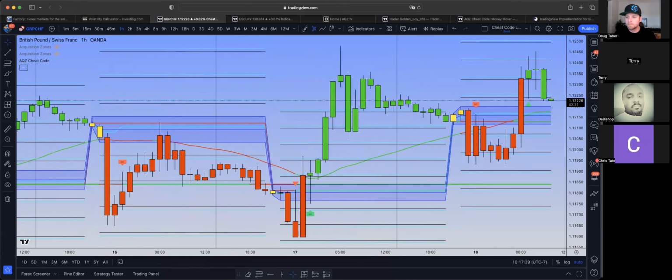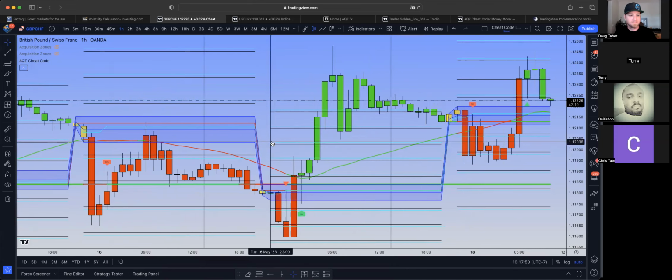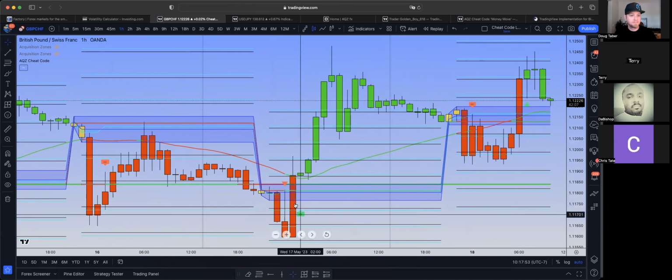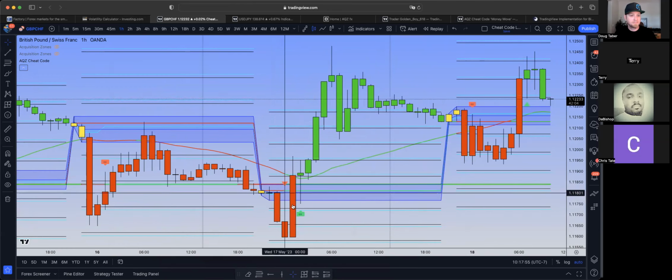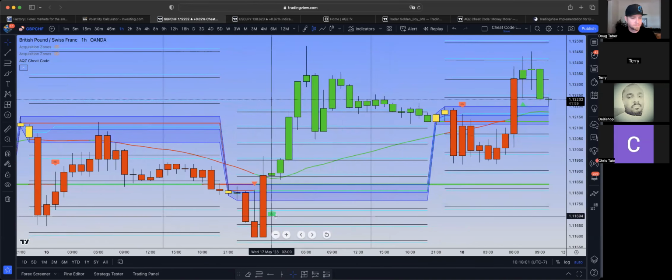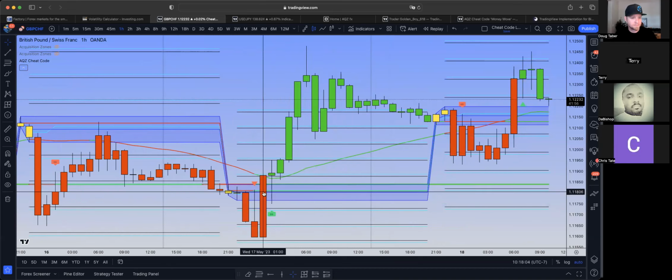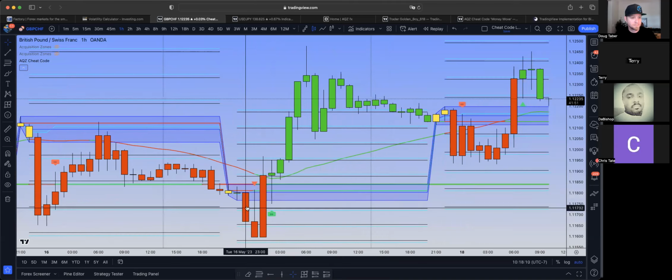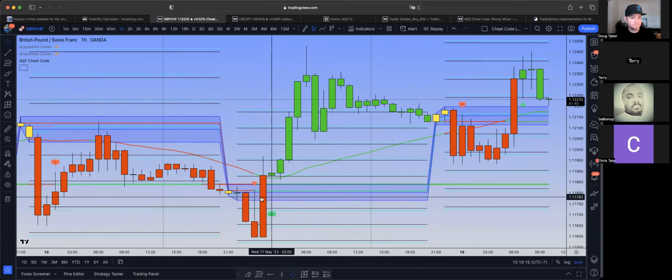Hey, Doug, The Bishop, how's it going? Going good, thank you. I just wanted to point something out. On the charts that you're on right now, for that buy signal, one thing I have noticed is when you get that buy signal and you have that big bearish candle right before it, if you have a huge candle like that and you get that signal right after it, yes, you can get in that buy right away.